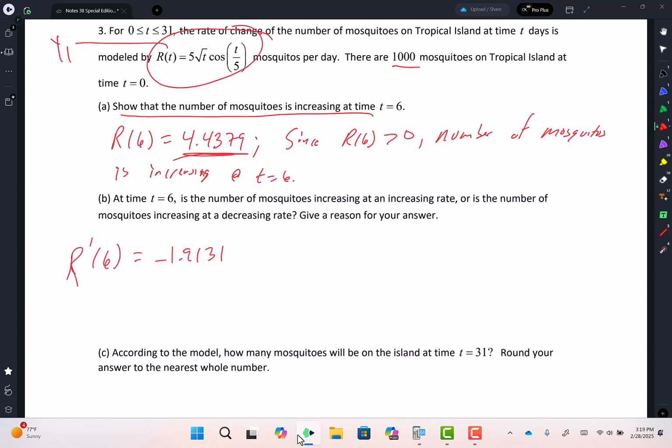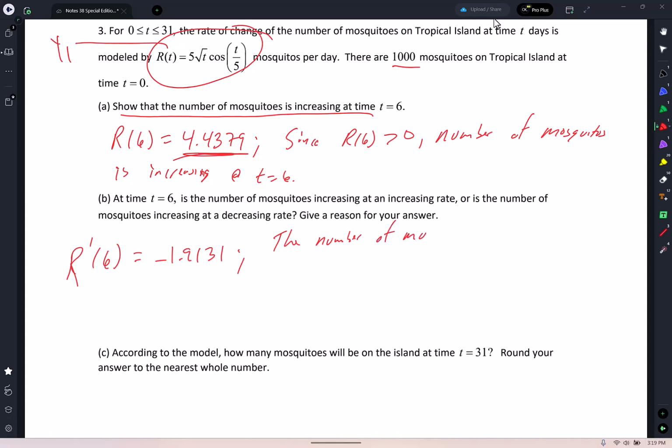I'm going to say semicolon: the number of mosquitoes is increasing at a decreasing rate since R prime of 6 is negative.